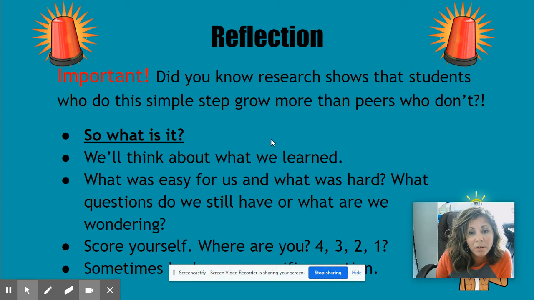Are you a 4? You really got it? You could teach it to someone else? Maybe a 3? You're almost ready? A 2? Or maybe even a 1? Maybe a 1, you just don't understand what it is that we're learning. And that's okay. Sometimes that's what helps me know how to make you grow as a mathematician.